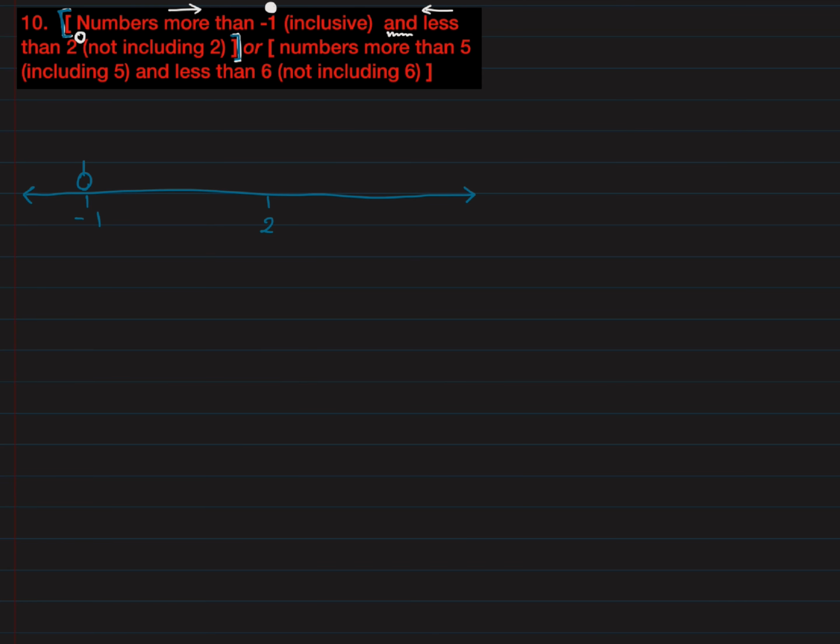So I'm gonna draw it like this now. It doesn't really matter if you have an arrow that goes slightly up like this. I just do that so that we can see the overlap more easily, and you guys will know what I mean in a second. And then we have numbers that are less than 2 and not including 2. Actually, I should have this part shaded in. And we have numbers that are less than 2 and not including 2. So over here.